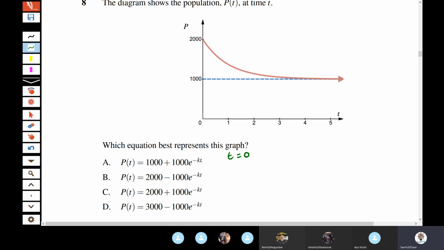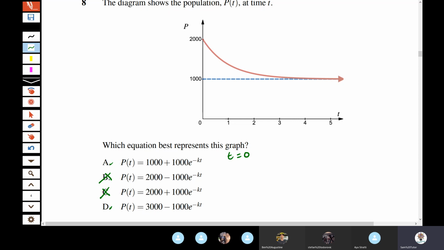If time is 0 for this one, e to the 0 is 1, 1,000 plus 1,000 is 2,000. That could work. This one would be 2,000 minus 1,000. That cannot work. This one, 2,000 plus 1,000, will also not work. 3,000 minus 1,000, that could work.